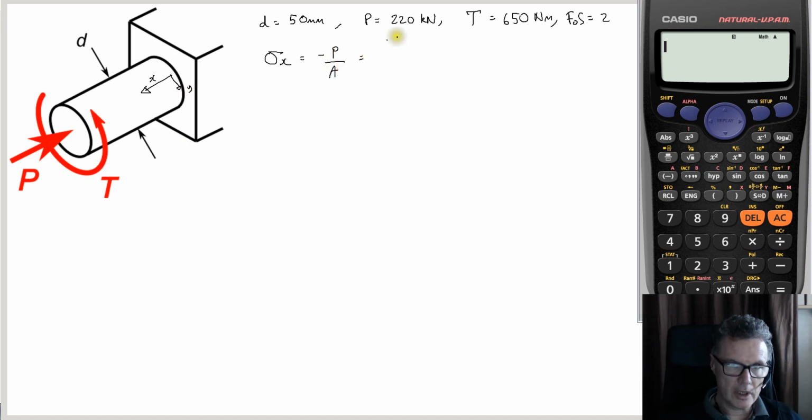So I want to put that in. So we're going to have minus 220,000 over the area using this 50. So we'll have pi times 50 times 10 to the minus 3, to the power of 2, divided by 4. So we'll put the 4 on top. So what do we get for that? 220,000 times by 4. Yeah, so I'm using pi d squared divided by 4, not pi r squared.